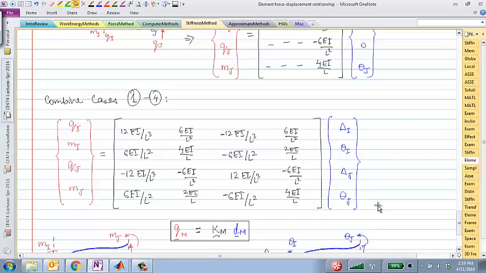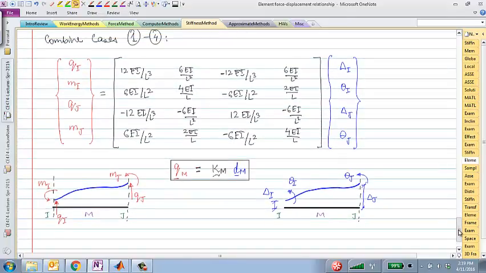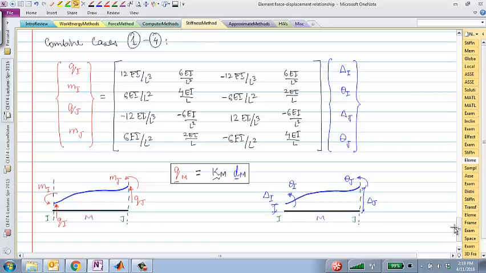That relationship tells me that if I have a beam element, so combining cases 1 through 4, we get this system of equations, which I hope now you understand how we got there. If I have a beam element, no matter what displacement and rotation you tell me, you can say I have a displacement -1 at node I. I have a displacement +1 at node J. I have some rotation here, some rotation here.